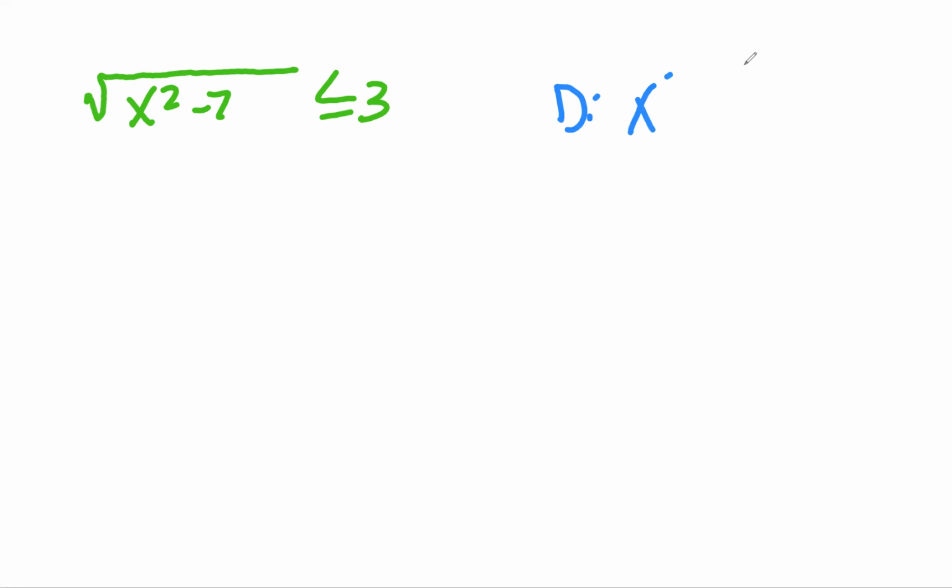Okay. So sometimes the domain is a little bit different. So if I have the square root of x squared minus 7 is less than or equal to 3, as I begin working this problem and thinking about the domain, x squared minus 7 is greater than or equal to 0. Factor this.